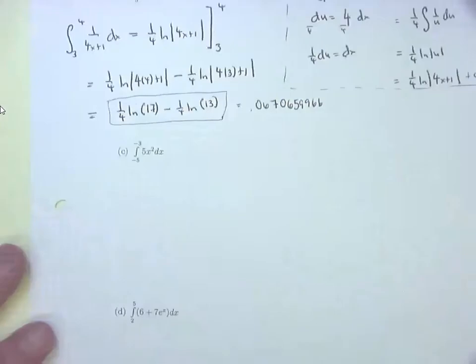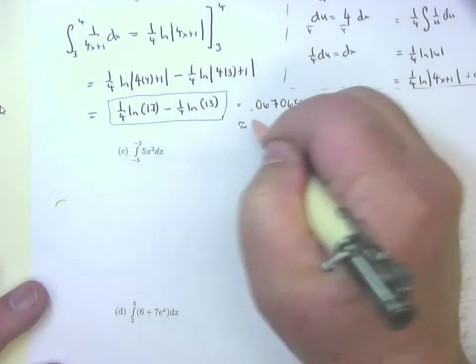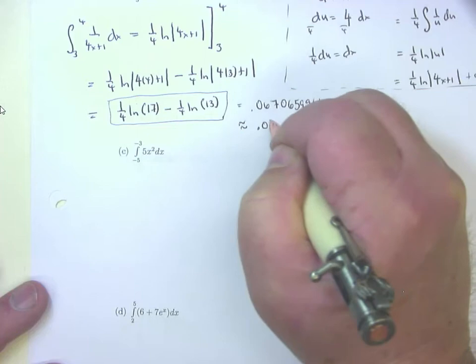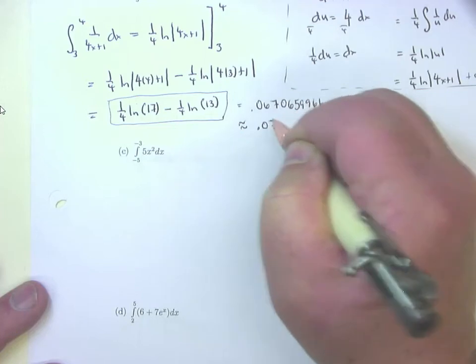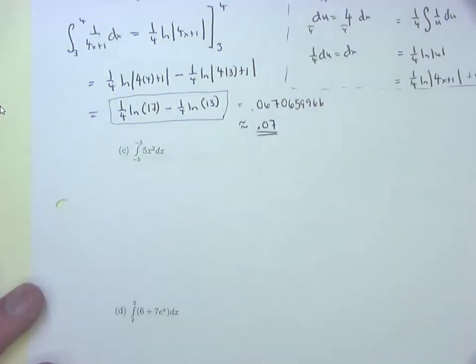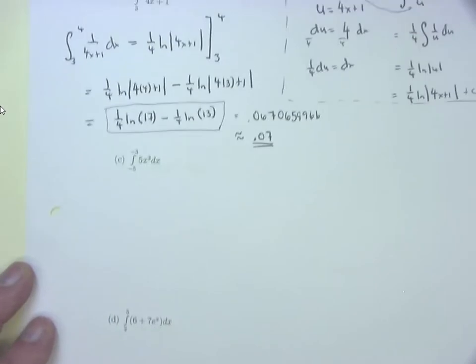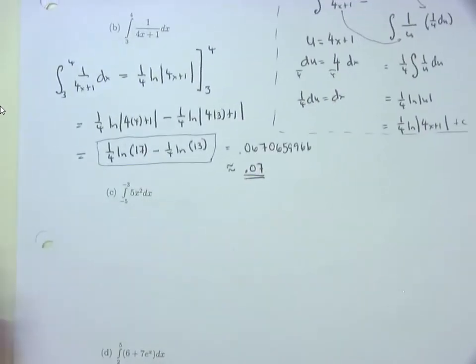But again, going with their 2 decimal place aspect, what's the answer? I'll put the squiggly equal to, what do they want? 0.07, 2 decimal places. Does that make sense?